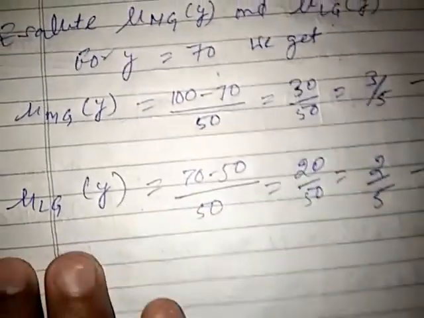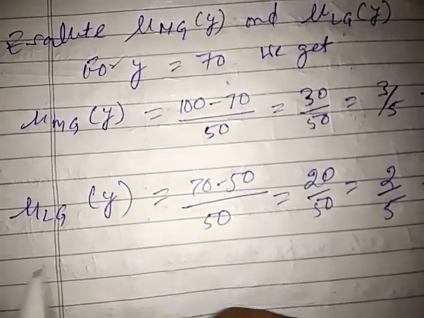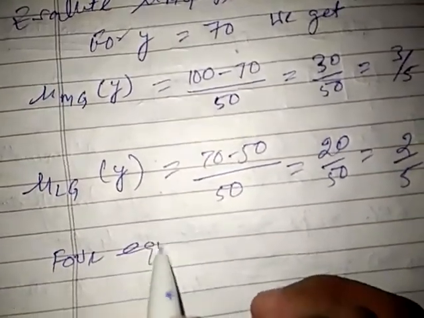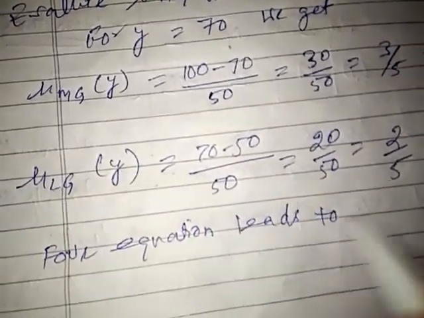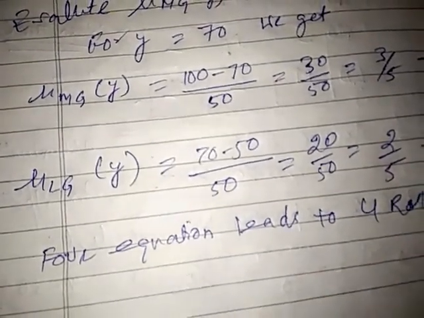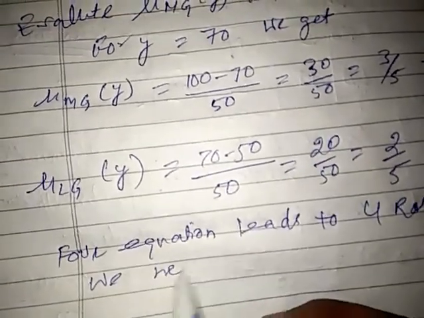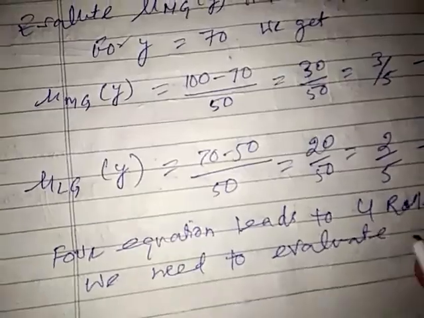These above 4 equations lead to 4 rules that we need to evaluate.